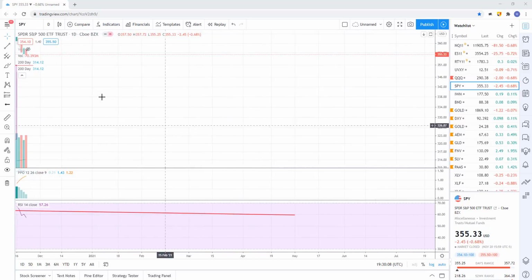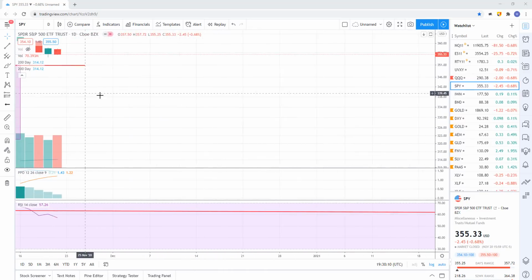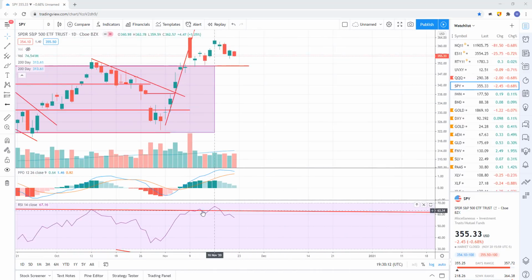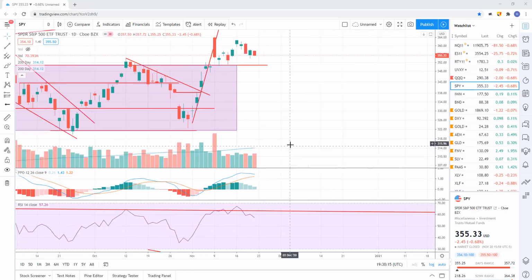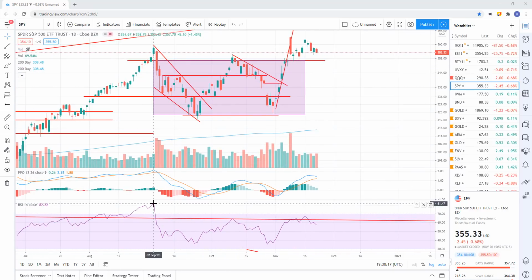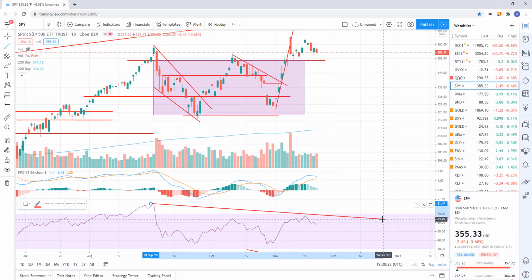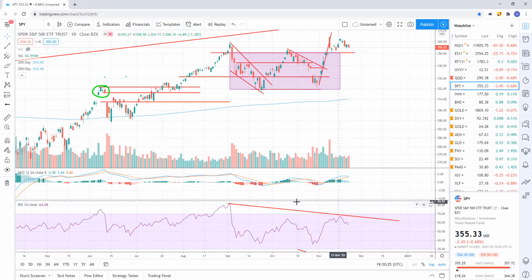Flipping over to SPY, let me zoom in on the daily chart here. On the daily, I'm not seeing negative divergence. I mean, yes, we do have it. If you go back right here, you can see there is negative divergence right there, where we made a high and then we came up and made a new, slightly marginal higher high with lower momentum.